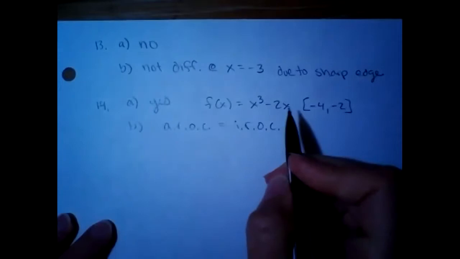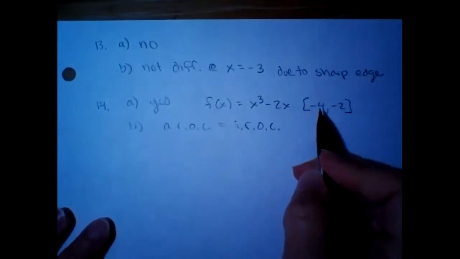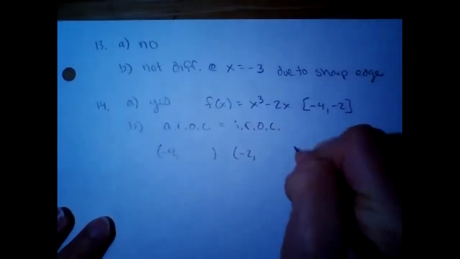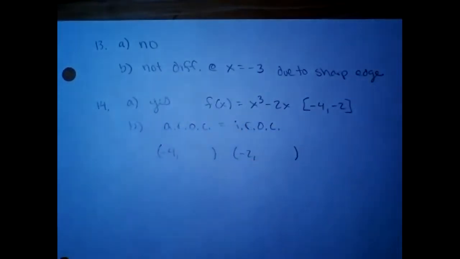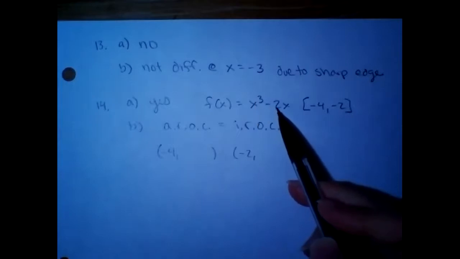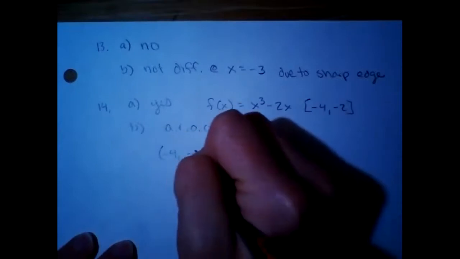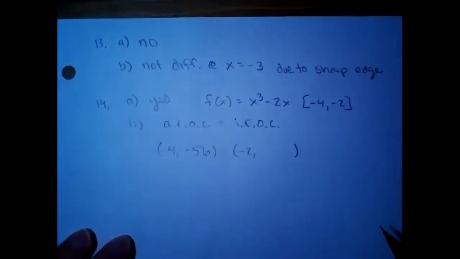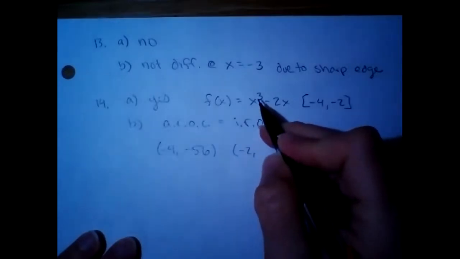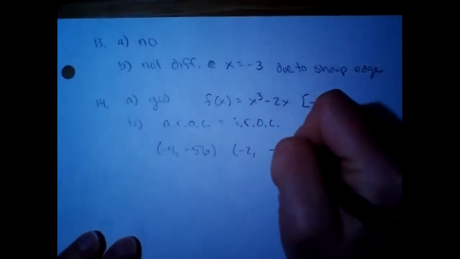All right, so first let's do the slope. Slope means we need 2 points. So I'm going to plug in -4 and I'm going to plug in -2. So if we plug in -4 cubed, that would be -64. And then -2 times -4 would be +8. So -64 plus 8, that would be -56. And then if we plug in -2 cubed would be -8 plus 4 would be -4.